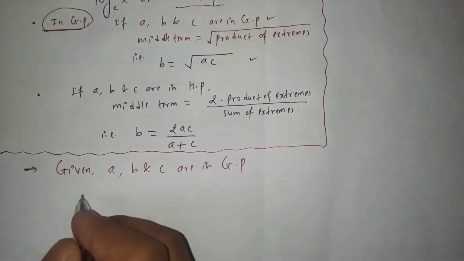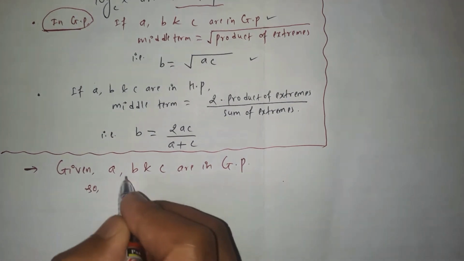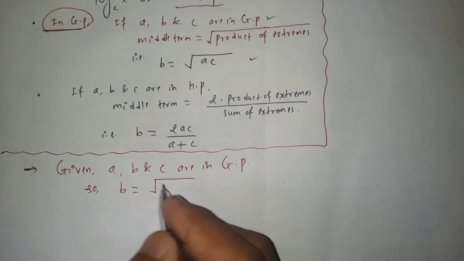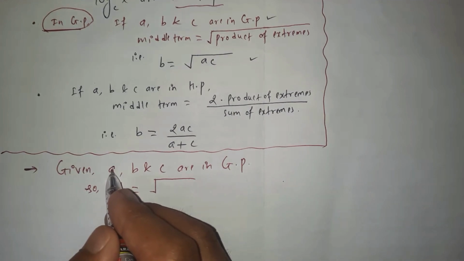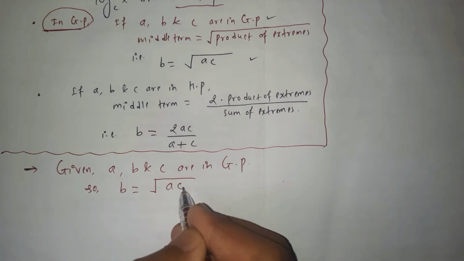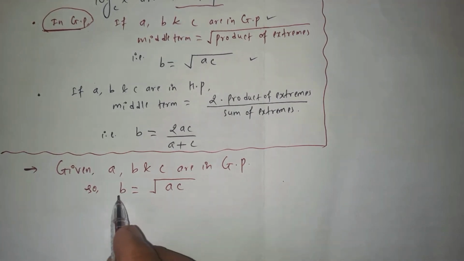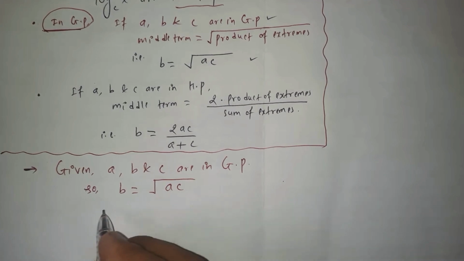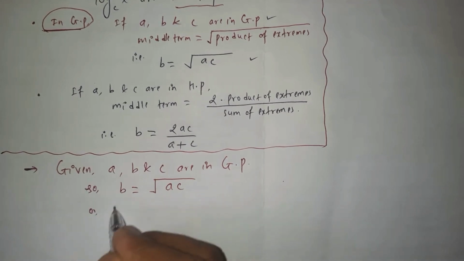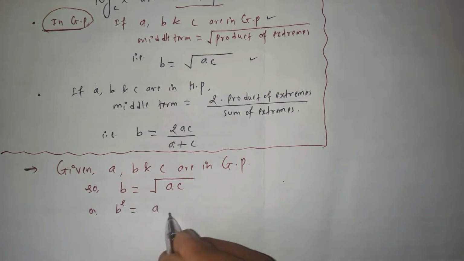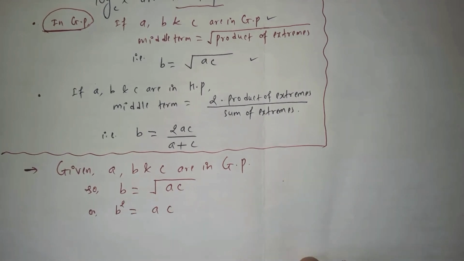The middle term is B. The value of B is the same as the square root of the product of the extremes. Here the extremes are A and C, and their product will be AC. The square root of the product of the extremes is exactly the same as the middle term. From this expression we can square both sides, and then the value of B square will be just A times C.